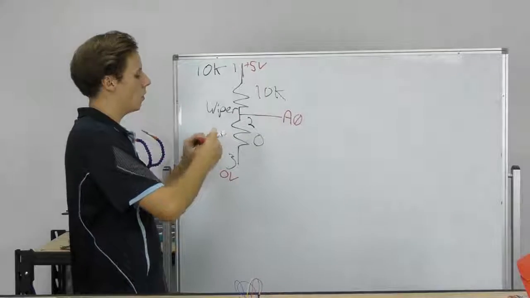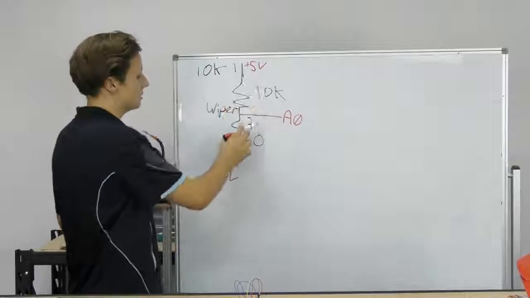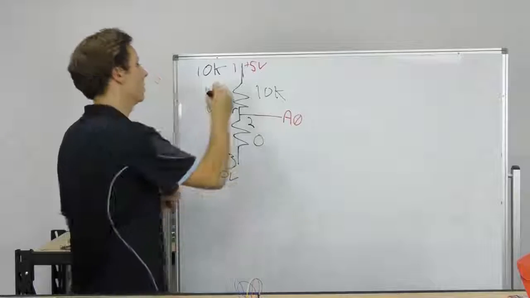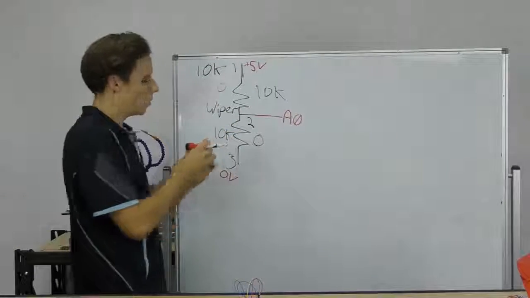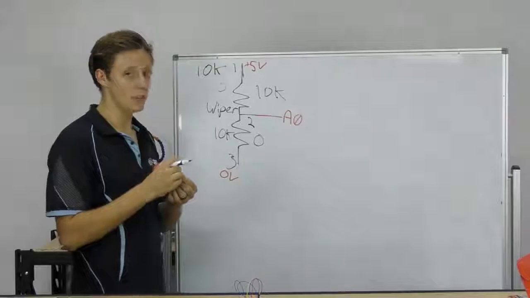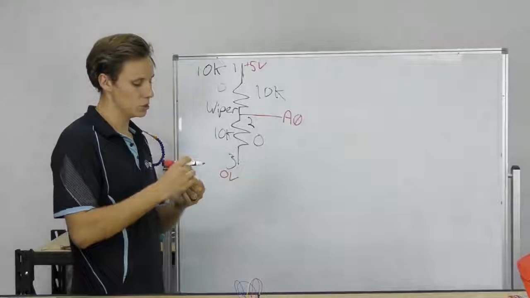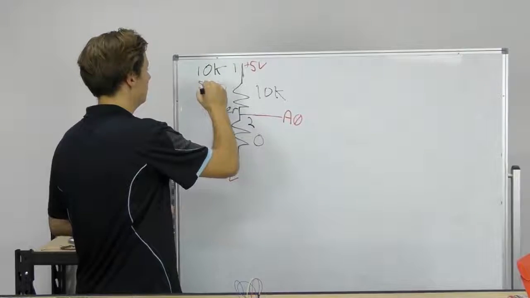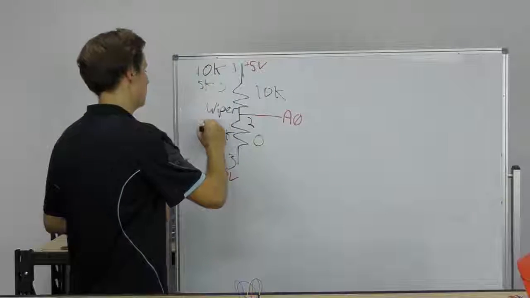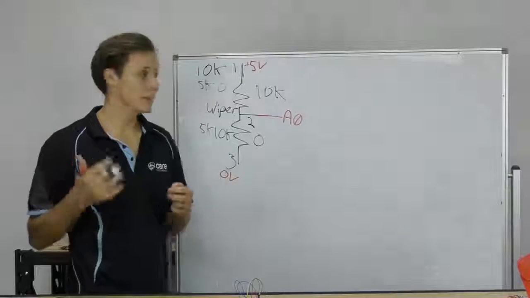But then when it's turned all the way the other way, these resistances alternate. It's a ratio, and that is then 0 ohms and that is 10 kilo ohms. Likewise, for a linear potentiometer, you can get different responses. If it's turned halfway, in the middle, then that would be 5 kilo ohms, and that would be 5 kilo ohms. And they respond as such.